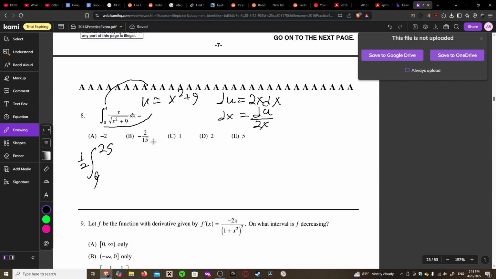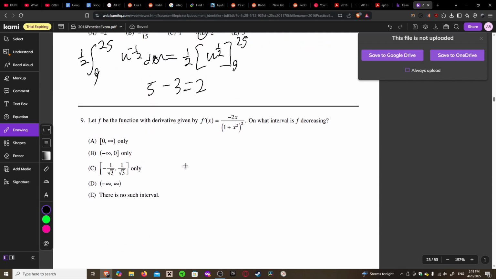I'm just going to skip a couple steps, which is just 1 over u to the 1 over 2, so u to the negative 1 over 2 du, which is just u to the 1 over 2 from 9 to 25, which is 5 minus 3, which is equal to 2.